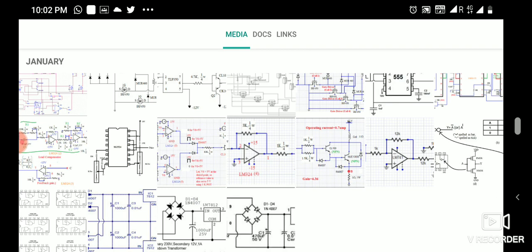And at the last step we also require fine tuning. There may be some parameter uncertainty. Though we have designed perfectly and followed all the steps, there may still be some parameter uncertainty. For that purpose we require fine tuning.